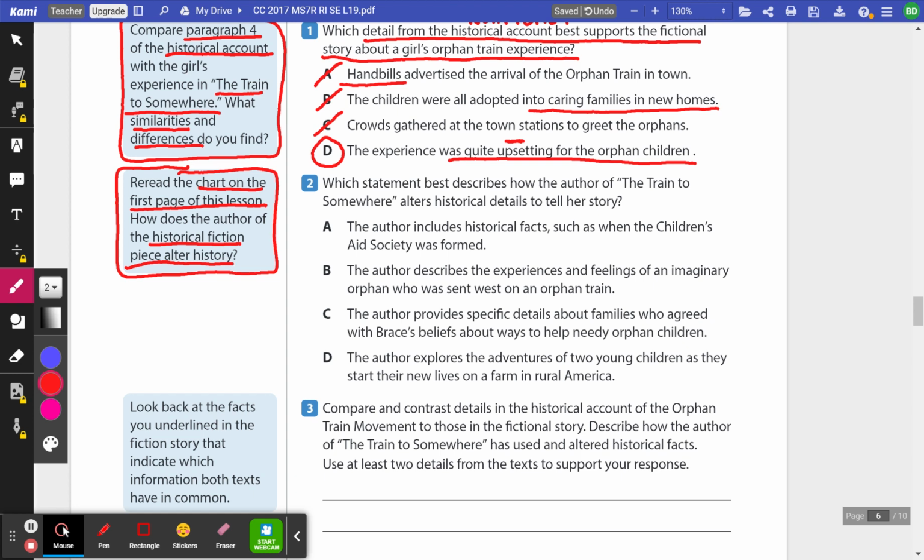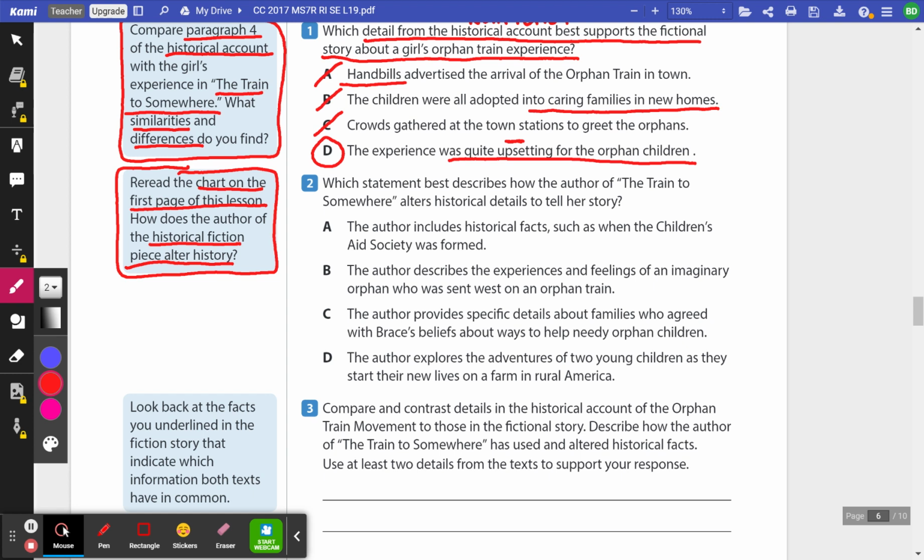All right, so if you go back to the chart that we looked at in part 1, we know that in historical fiction pieces, authors sometimes choose to alter historical details to make the story more interesting or more entertaining for the readers. Yes, they do keep some details the same, but sometimes they change some stuff up by throwing in those story elements. So we're going to have to think about that to answer number 2.